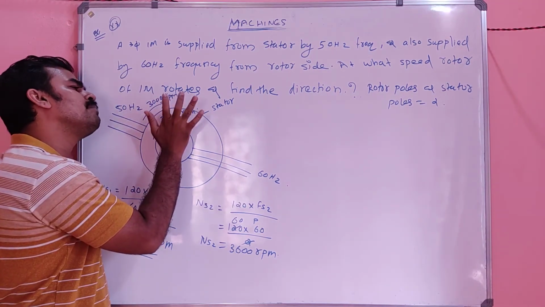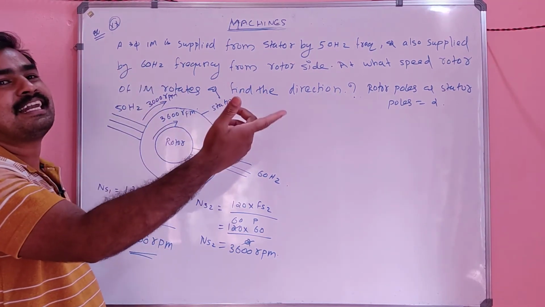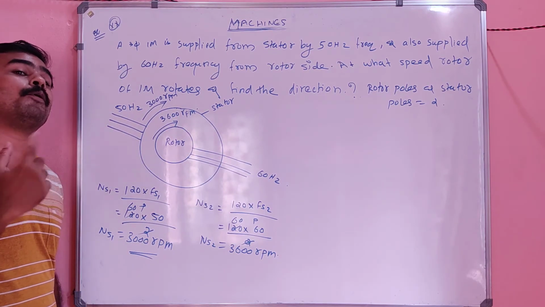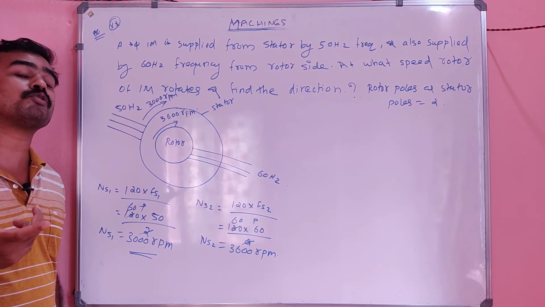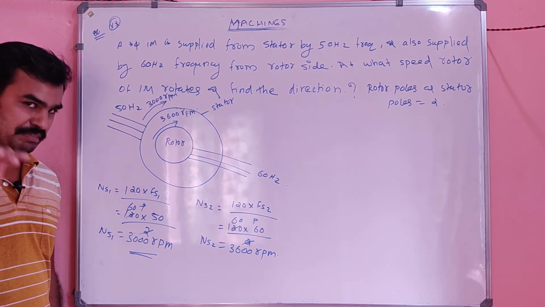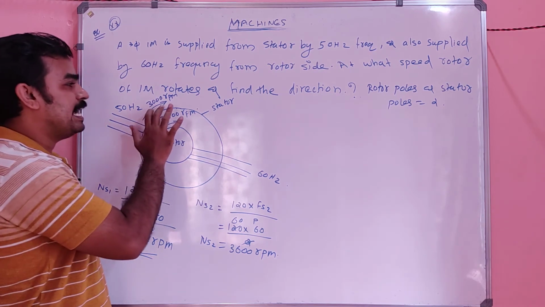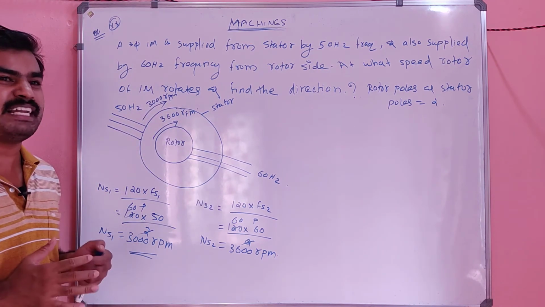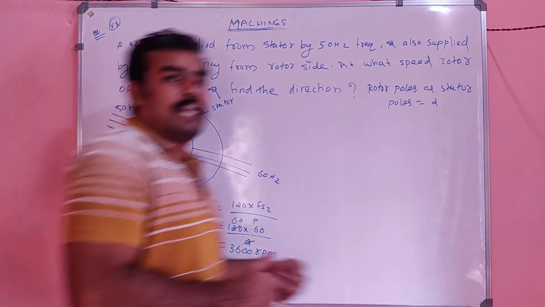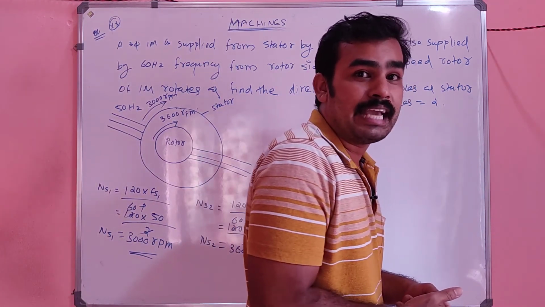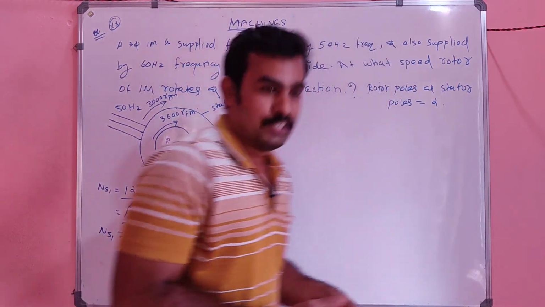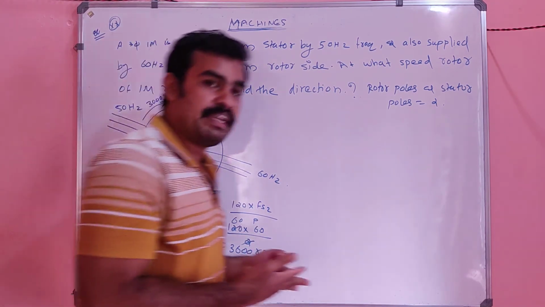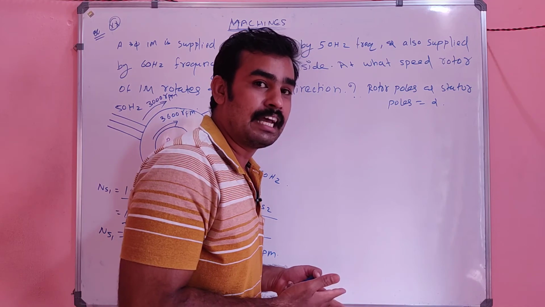So this induced EMF will try to oppose the reason. This induced EMF will try to what? Oppose the reason. That means the stator will start, just assume, the stator will start to overspeed by 600 rpm.